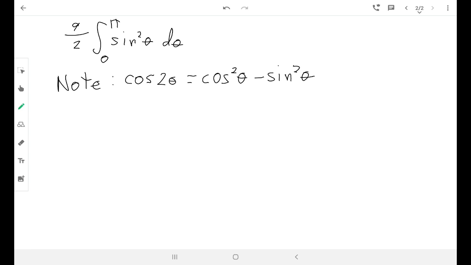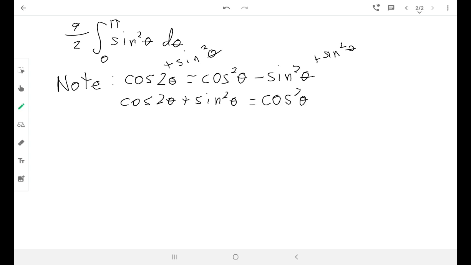I think I want to add sine squared theta to both sides. Then I get cosine 2 theta plus sine squared theta equals cosine squared theta.